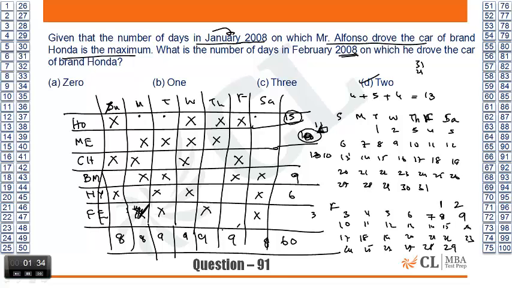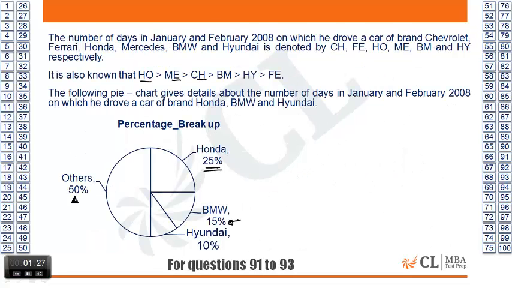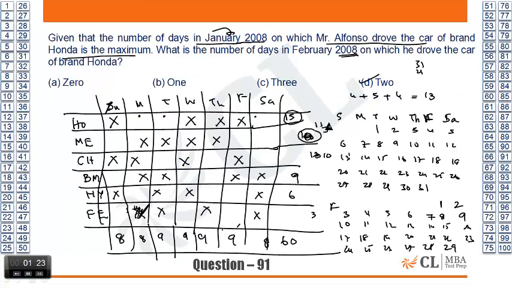If it is 11, 15 plus the rest of them has to be 30. So if it is 11 and 10, 11 plus 10 is 22, which is not possible. So the maximum this guy can take is 5.